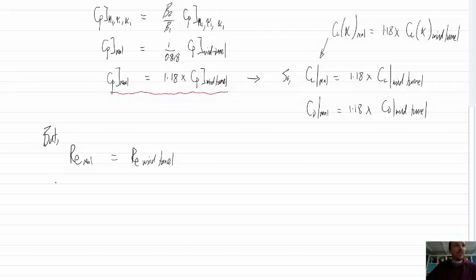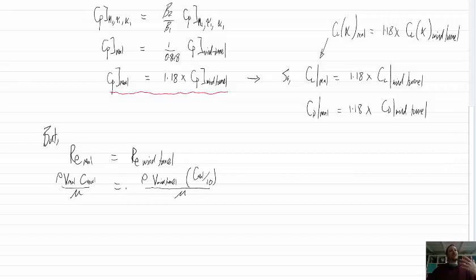The definition of Reynolds number, of course, is rho v real times, let's use our reference length as the chord, so the chord real over the dynamic viscosity of the air, should be equal to rho times v of the wind tunnel times c wind tunnel. Now let's say to fit this into our tunnel we need to scale the model down by a linear factor of 10. Well, that would make our wind tunnel model have a reference length of c real over 10, over mu.